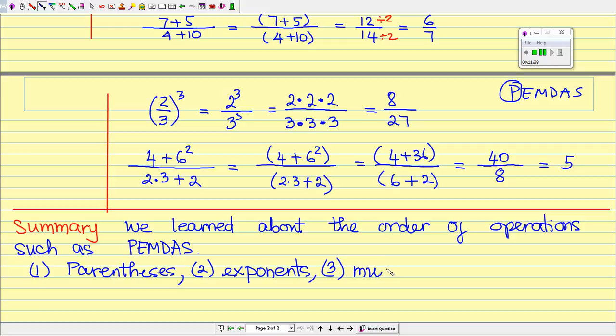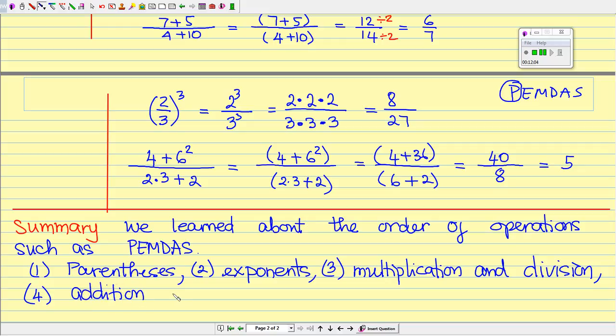Third, multiplication and division. Lastly, fourth, addition and subtraction.